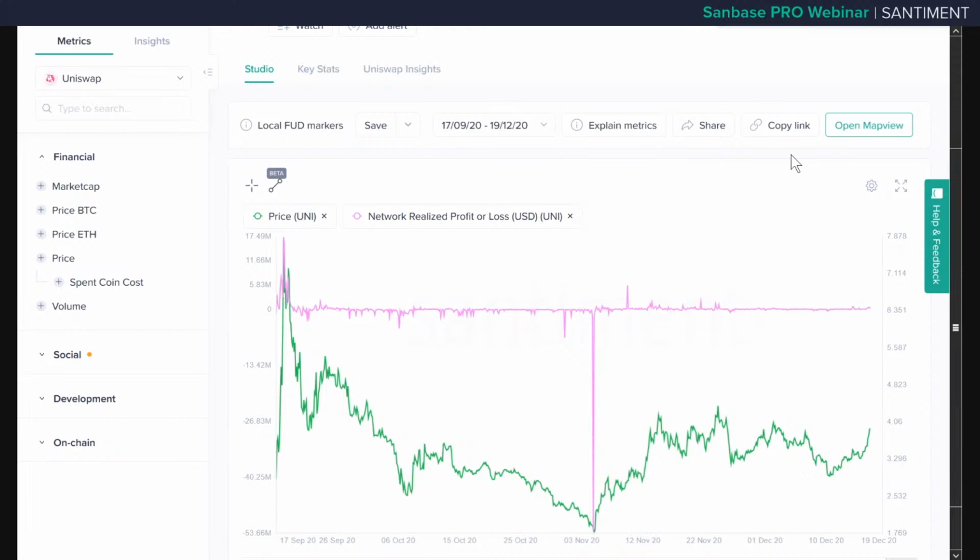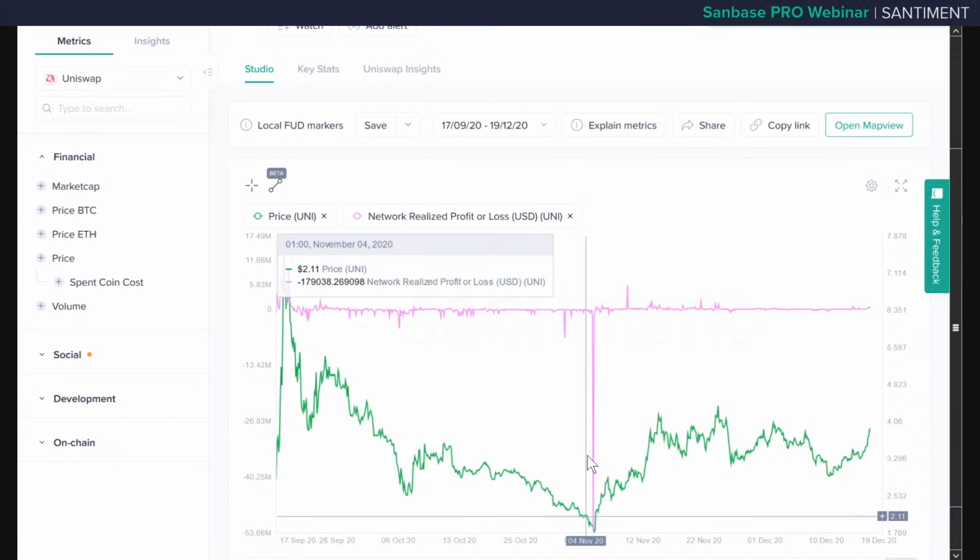So this is like a proof of concept of how I see it very often. An extreme example of how I see it work for altcoins: major spikes in profit taking before a correction, major drop-offs in its network profit loss right at its all-time low. I think we even covered it in an insight.